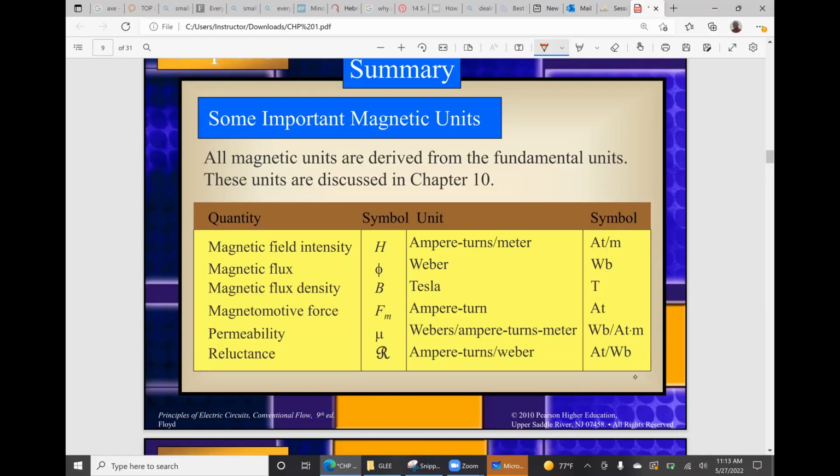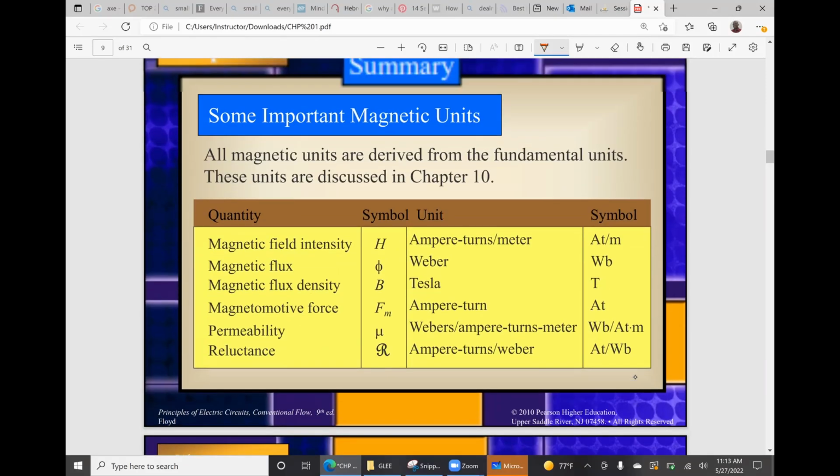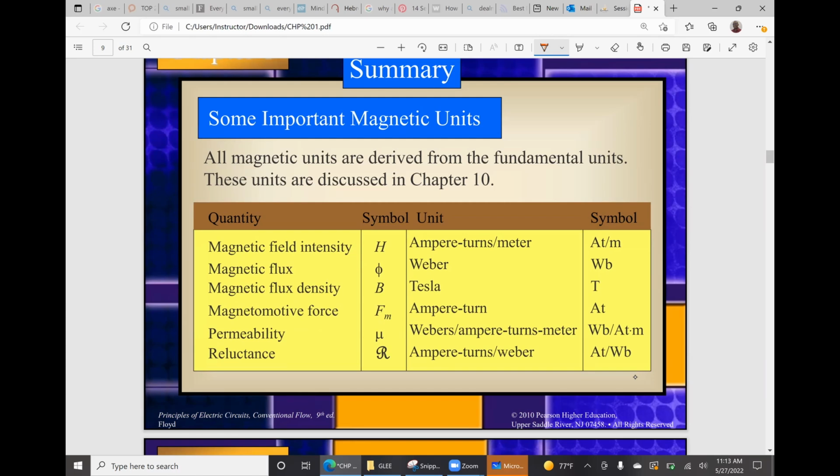Here we have some other units that are more on the magnetic side. I said before in the start of the class that the electricity and the movement of electrons is very much related to magnetism. And so here we have some magnetic units. We have magnetic field intensity H, magnetic flux, and the unit is the Weber.